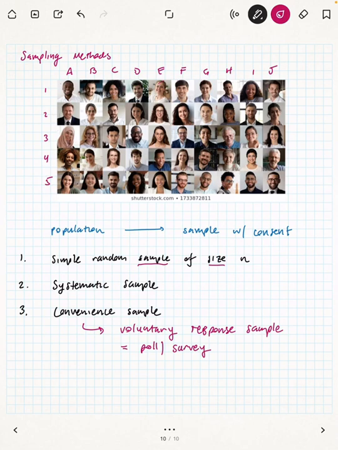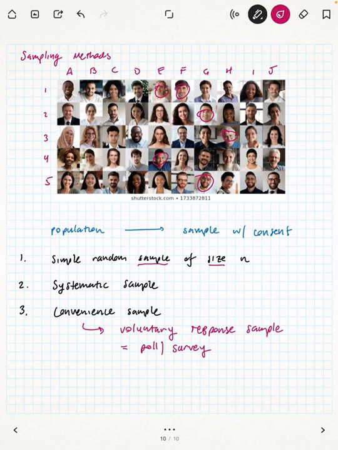So you may systematically call every one of these people, and maybe only these people are the ones signing up, right? And that may be fine. That may be a representative sample.